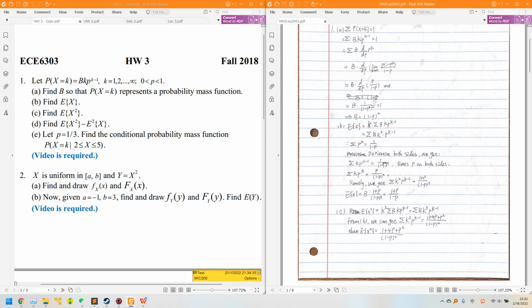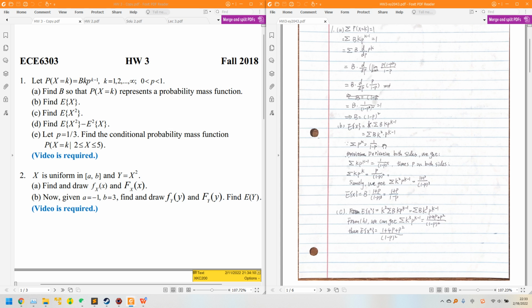And for problem B, it asks us to find the expectation of x. So the expectation should be the sum of k times b times k times p to the power of k minus 1, because x equals k.